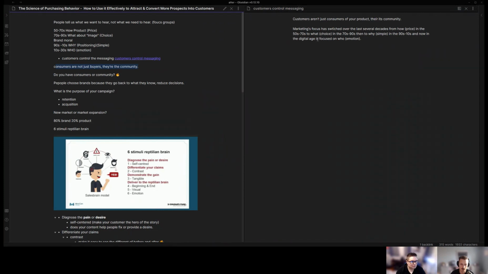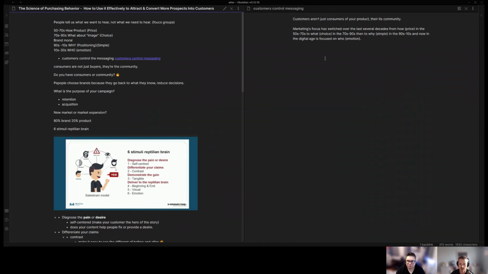So the literature note was, consumers are not just buyers, they're the community. That was from a slide that the speaker had. And then I reworded it a little bit to, customers aren't just consumers of your products, they're its community. That makes sense because it sets up the argument, now that I'm thinking through this, that marketing started on the product.